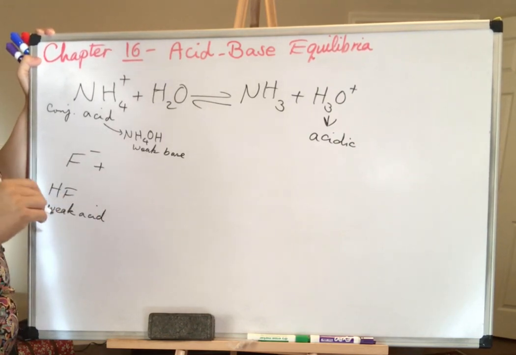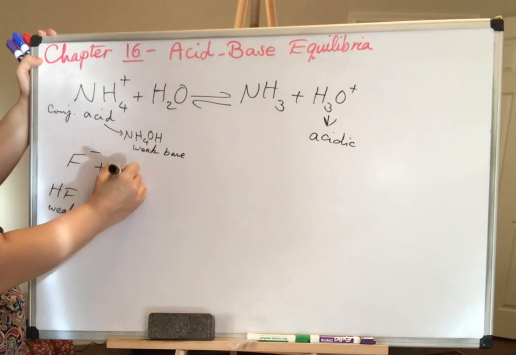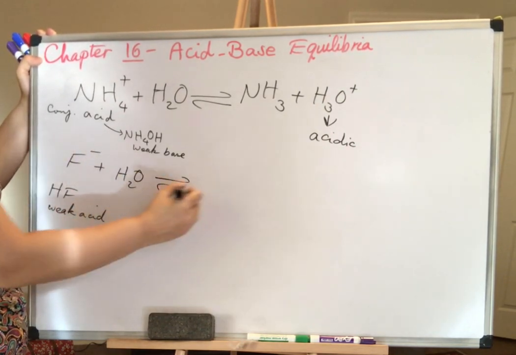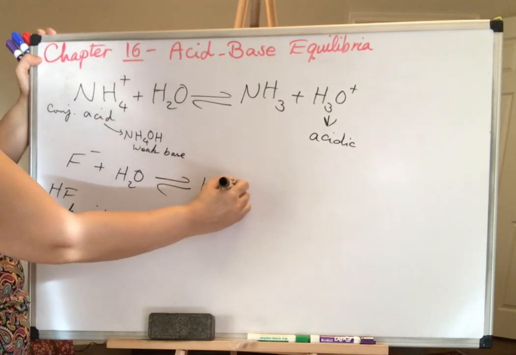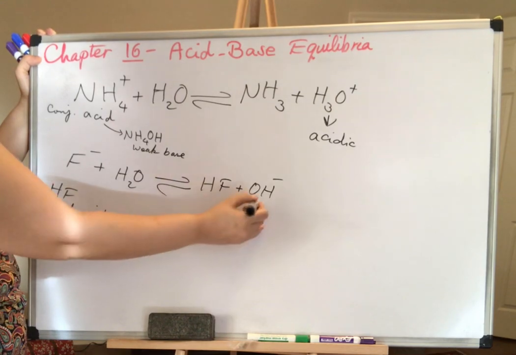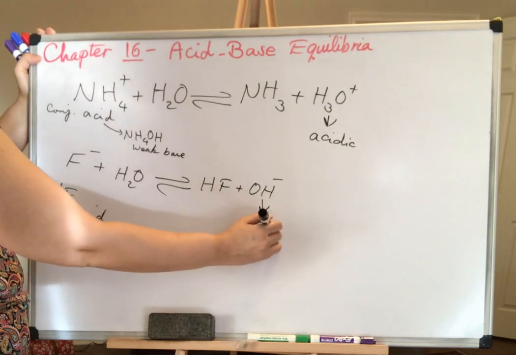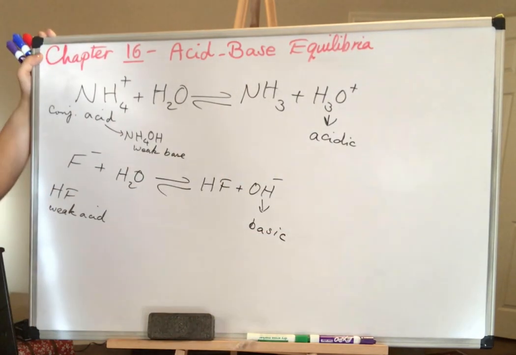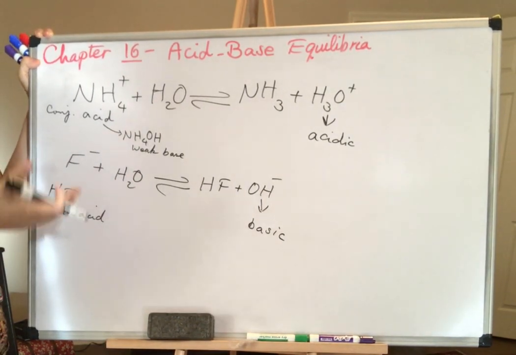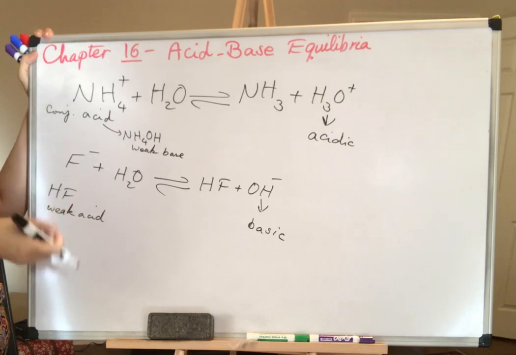Remember, we talked about it last chapter. If you add it to water, and don't forget the second component is always water, then you will have HF plus OH. What is released in the solution? OH, so it makes the solution basic.